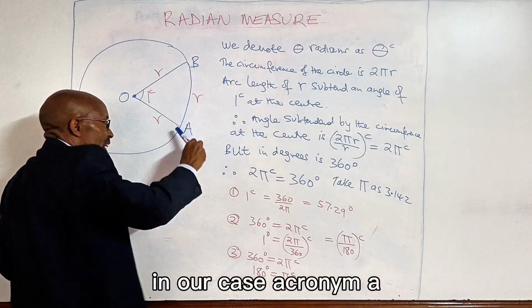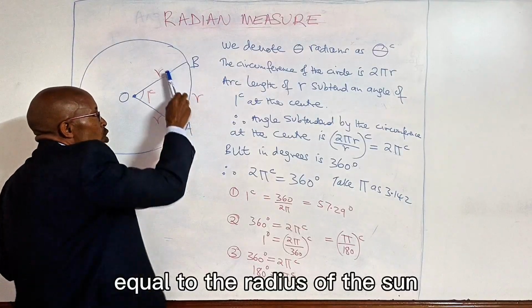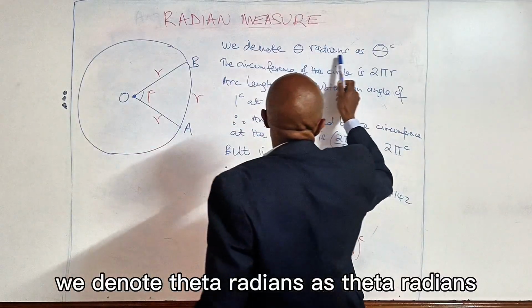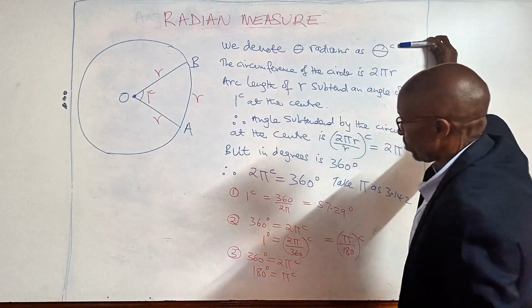In our case, arc length AB is equal to the radius of the circle. We denote theta radians as theta c.